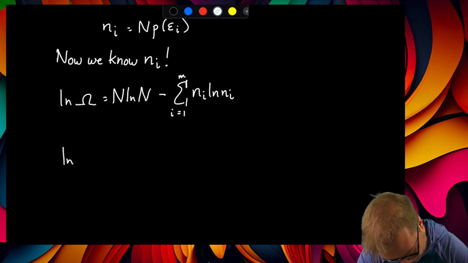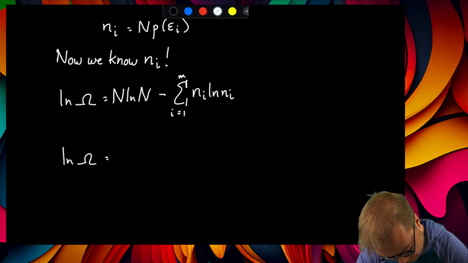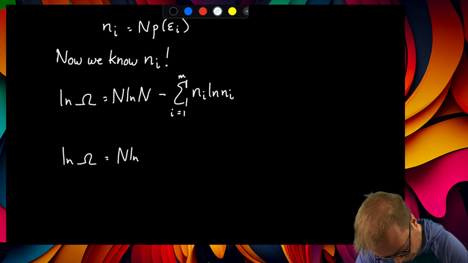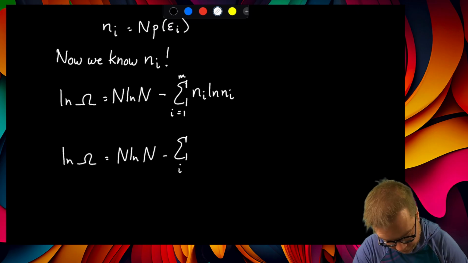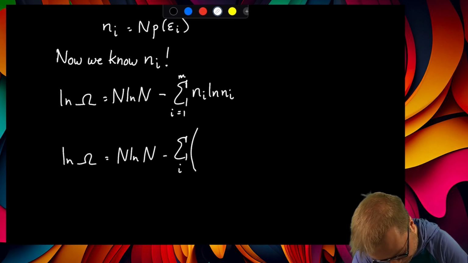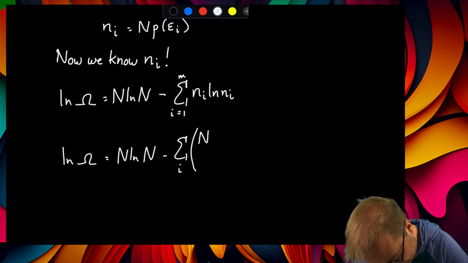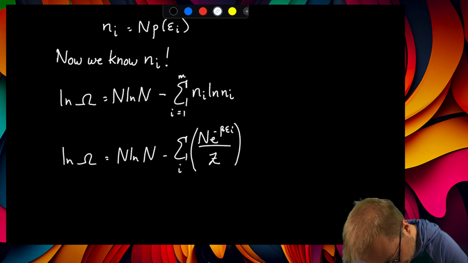So this means log omega is equal to n log n minus the summation over i. I'm going to start being a little sloppy with my notation right now. If we put in n sub i, we've got n e to the minus beta epsilon i divided by the partition function.